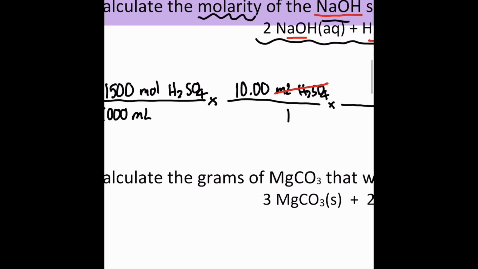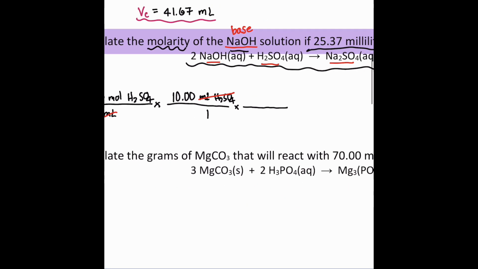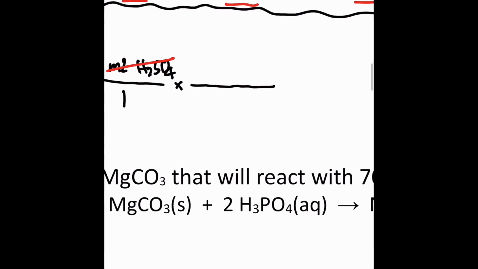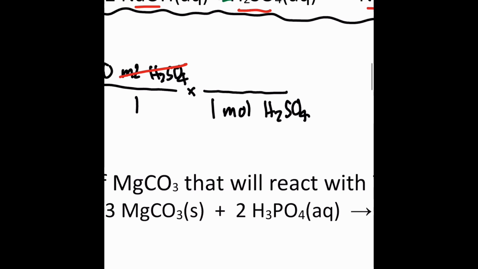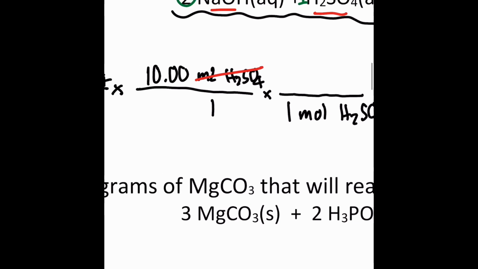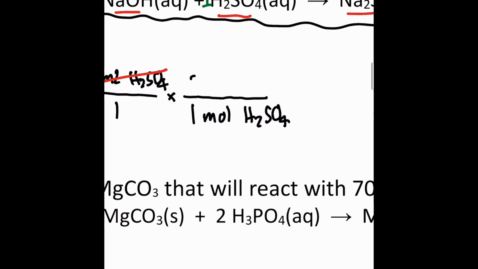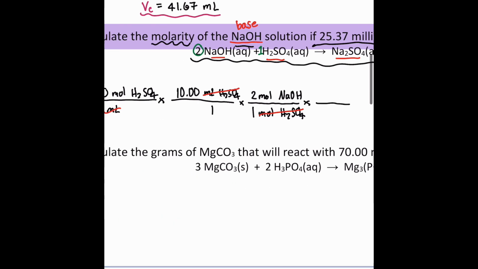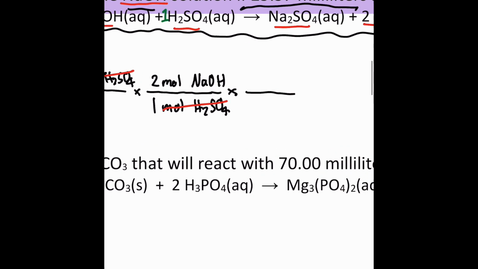Our milliliters cancel out, and we'll be left in moles of sulfuric acid. From our balanced equation, for every 1 mole of sulfuric acid, we require 2 moles of sodium hydroxide, 2 moles of NaOH. Now our molar amount cancels with the moles of sulfuric acid up here, and we're left in moles of sodium hydroxide.